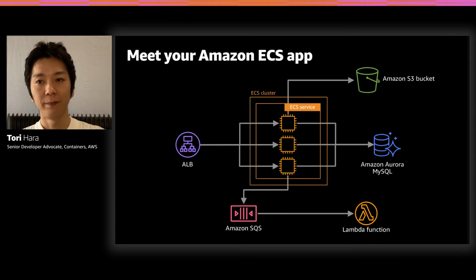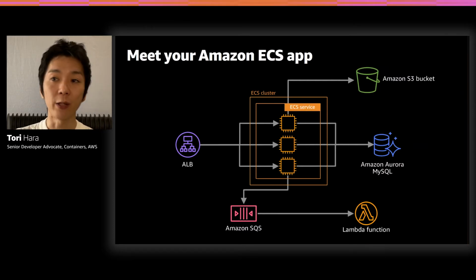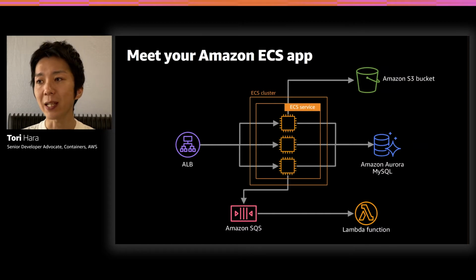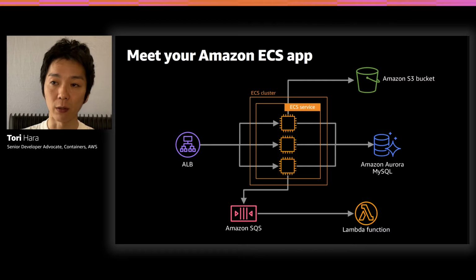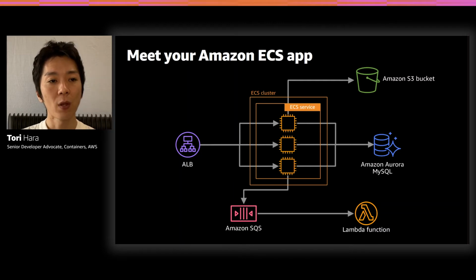User traffic is coming from A or B on the left side to the ECS tasks, which run as an ECS service. And the ECS tasks look like they are running on EC2 instances and are also using S3, Aurora MySQL, and SQS.